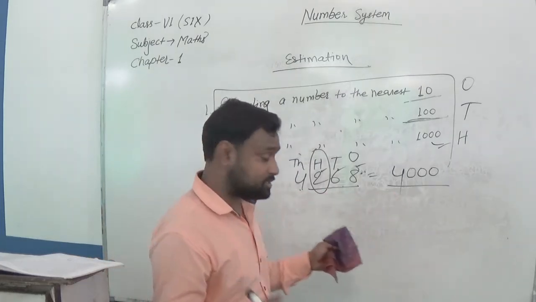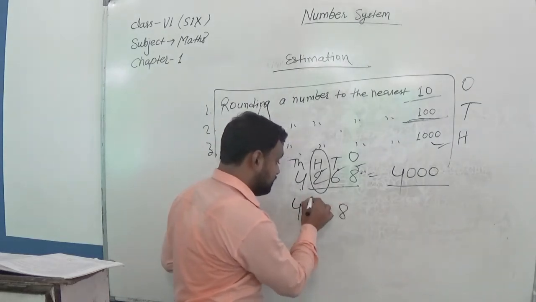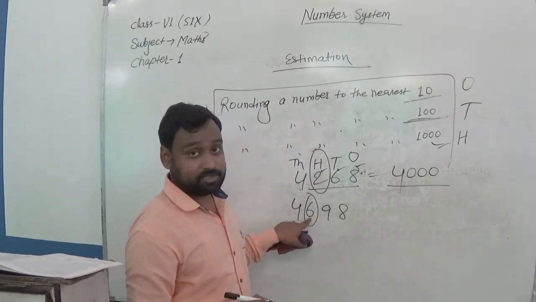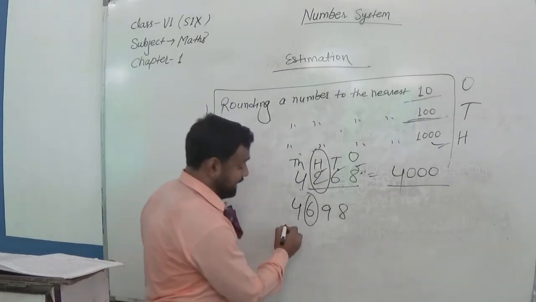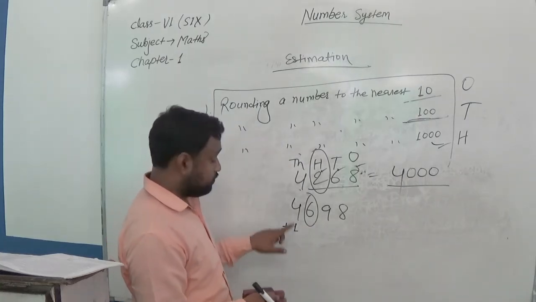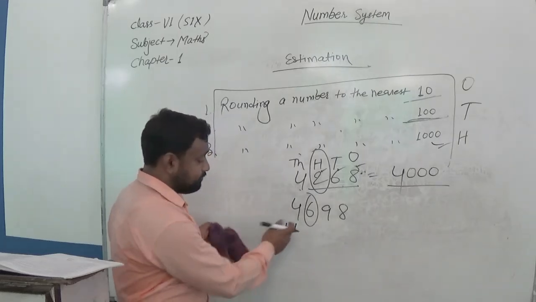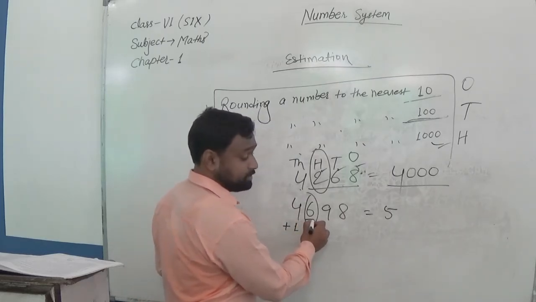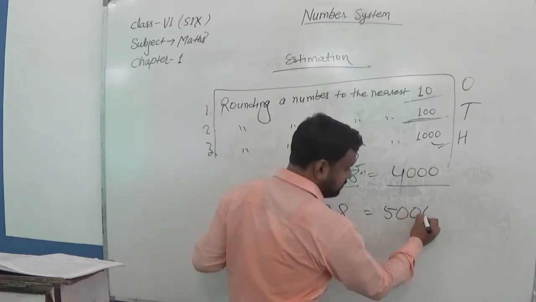And in another case, if the digit at the place of hundreds is 5 or greater, we have to increase the digit at the thousands place by 1, like 4 plus 1, it will become 5, and the rest 3 digits at the places of hundreds, tens and ones will be replaced with 0.